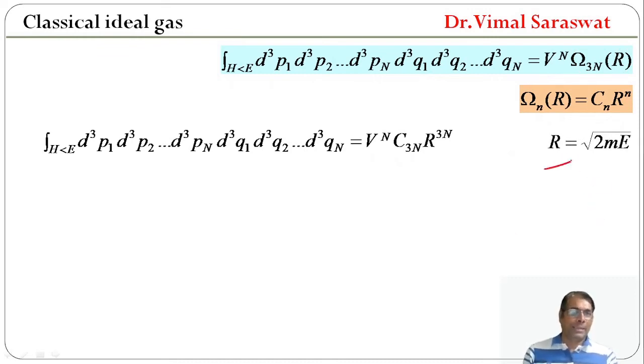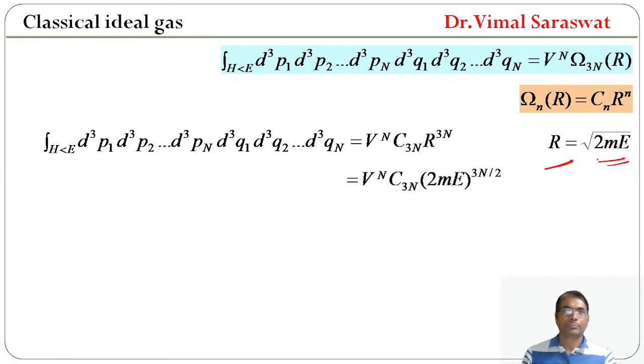Now r is equal to root of twice mE. So this will be equal to V^n C3n (2mE) power 3n/2. So we replace this r with root 2mE or (2mE) power half. So this will be equal to V raised to n C3n (2mE) whole power 3n/2.